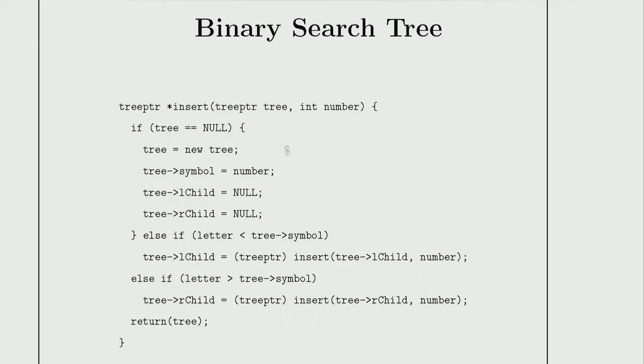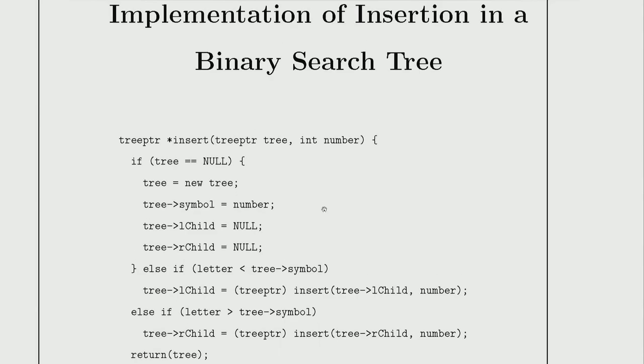What we are doing over here is, if tree is equal to null, then we are creating a new symbol. In this particular case, I am assuming a binary search tree which only has numbers. Otherwise, if it is not an empty tree, I compare with tree symbol, and if it is smaller, then you go to the left subtree and do the insertion again. Insertion is called recursively over here.